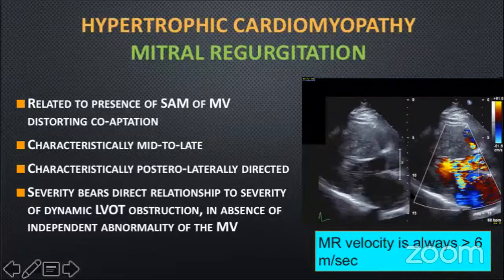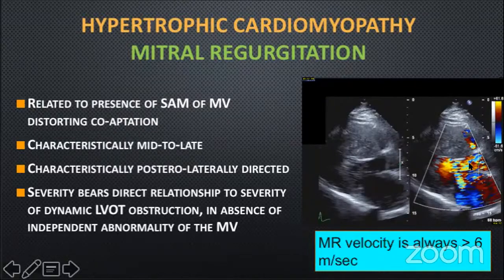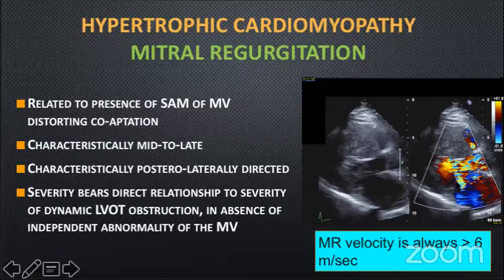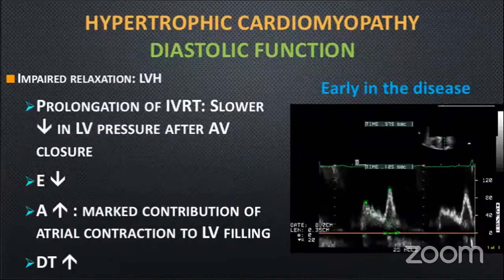Now, the last thing I would like to mention is the mitral regurgitation, and it has occurred because the Venturi occurred and it has pushed or pulled the anterior leaflet forward, preventing the coaptation of the two leaflets and causing the mitral regurgitation.